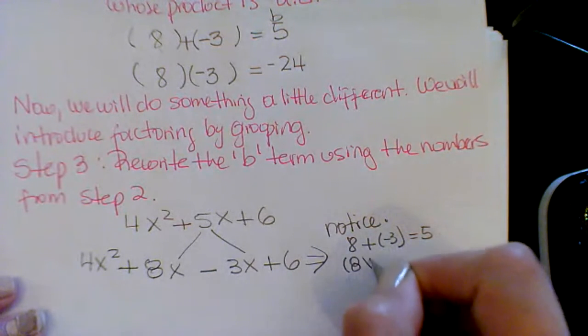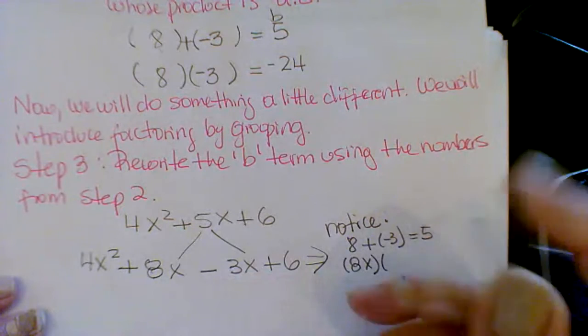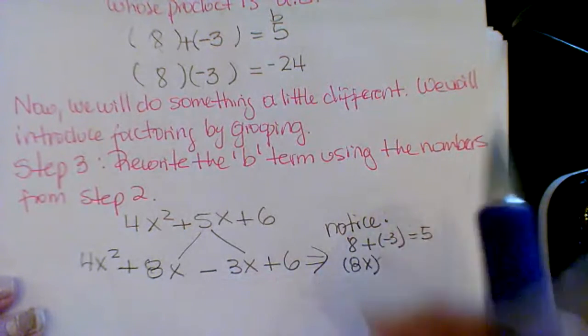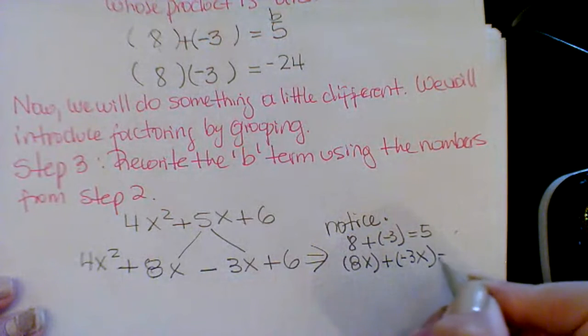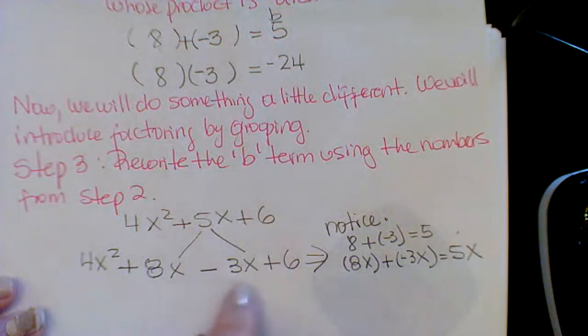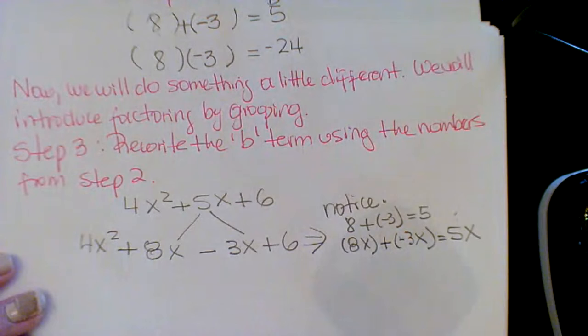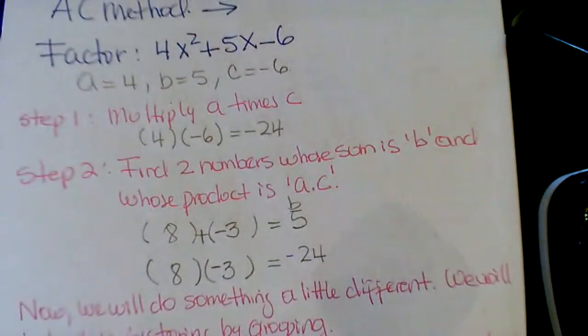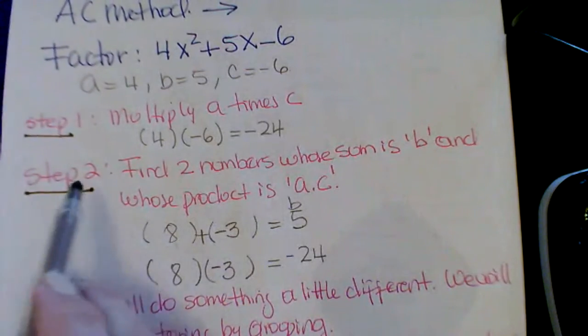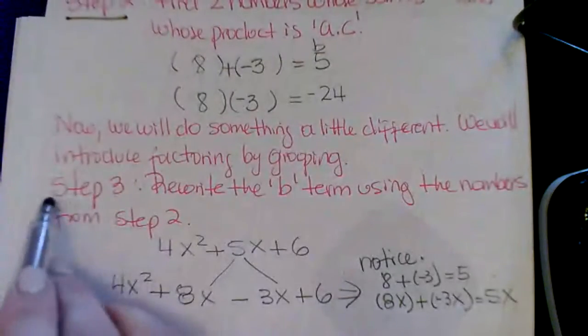And 8x plus negative 3x is what? 5x. Okay, and this is 5x. Now, this is step 3. So we have a step 1, a step 2, here's a step 3. And now let's do step 4.